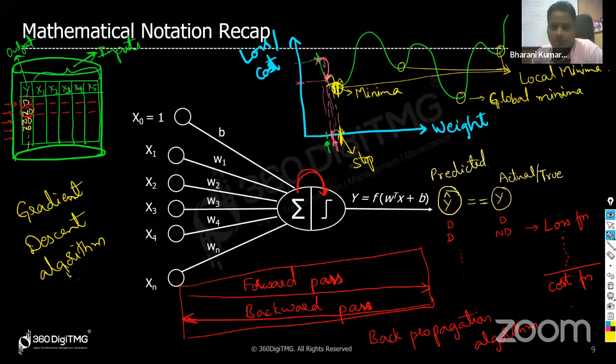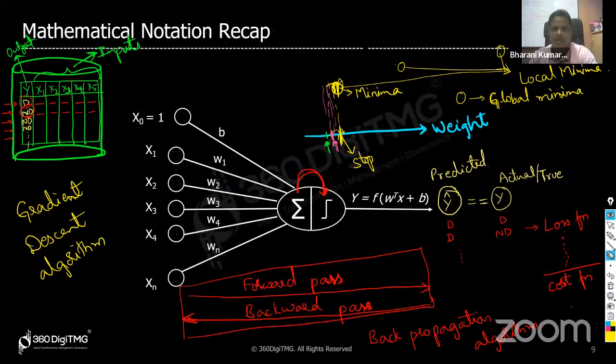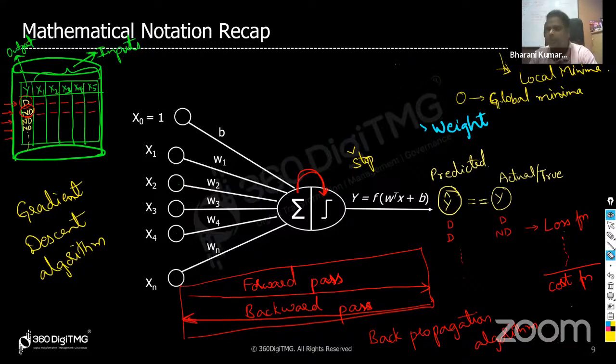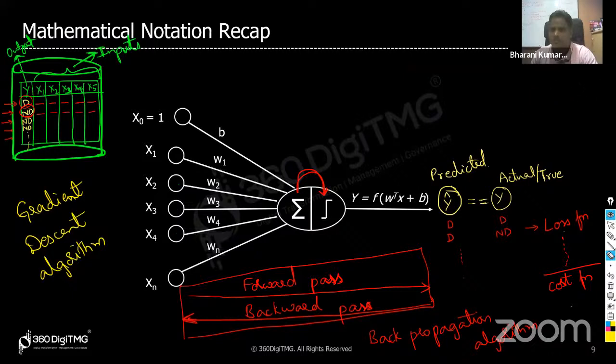Why did we talk about our math foundation? For this purpose. So we have the gradient descent algorithm. Now you understand backpropagation, right? Gradient descent is used to minimize the loss. Backpropagation is used to update the weights. But you update the weights with the rationale to minimize the loss or cost. Next.